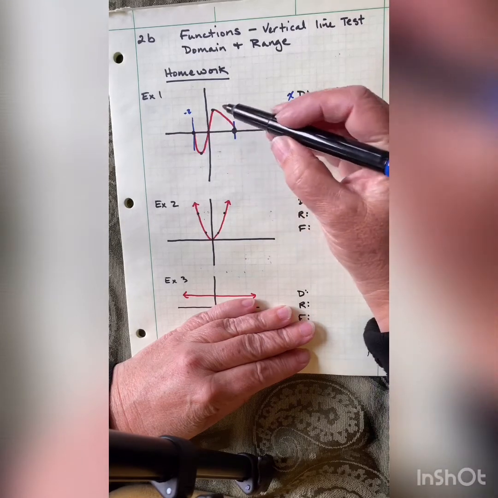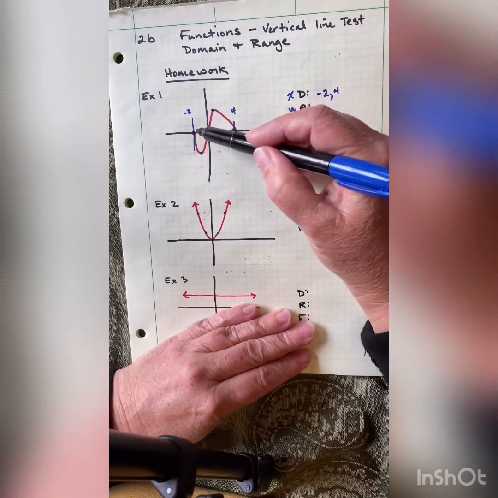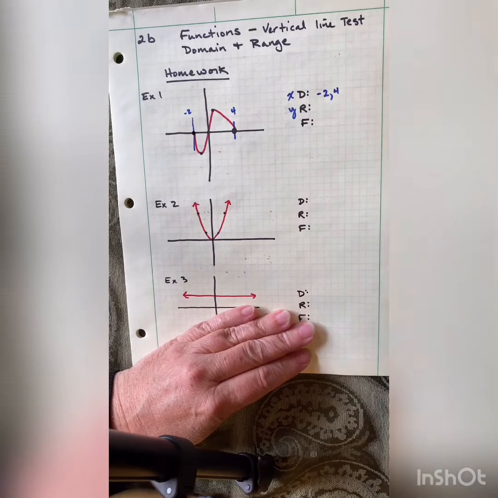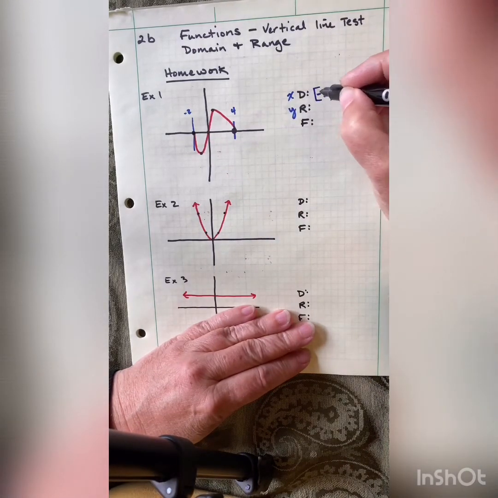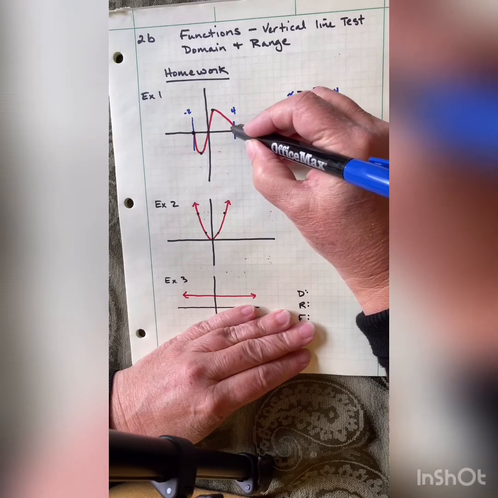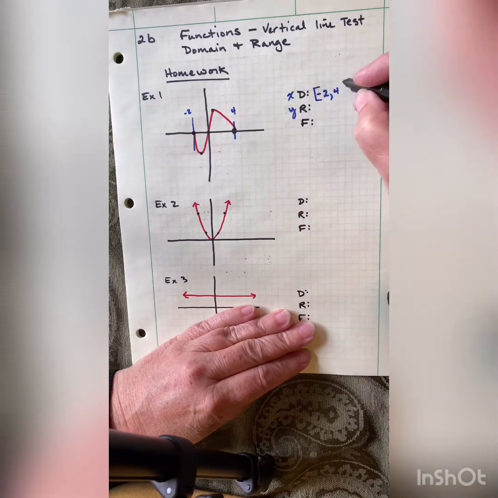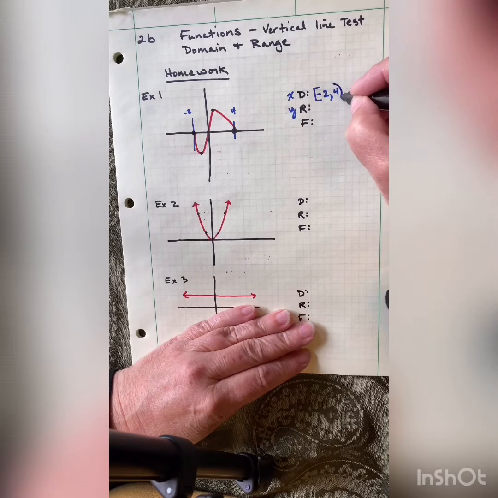Because I have a solid dot right here, that is going to be a bracket. Oops, I filled this in. That was an open dot right there. So if it's an open dot, it goes with this.